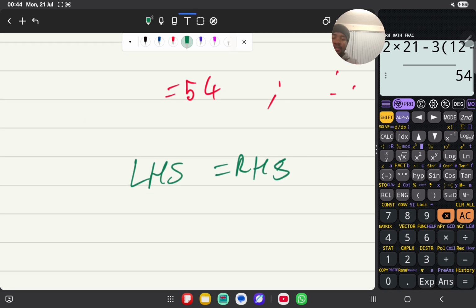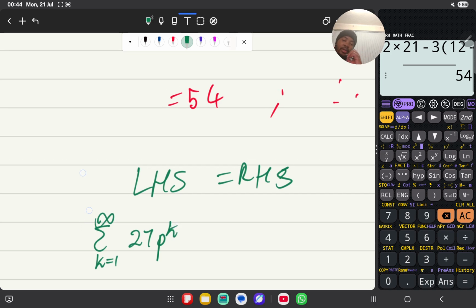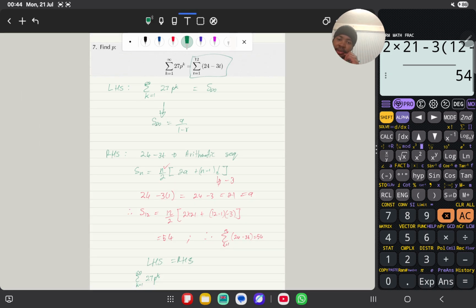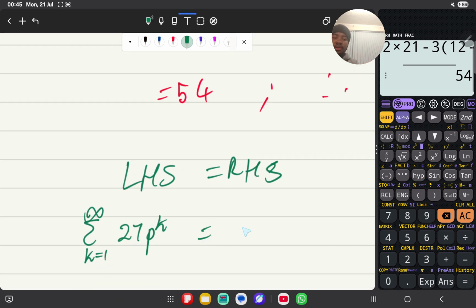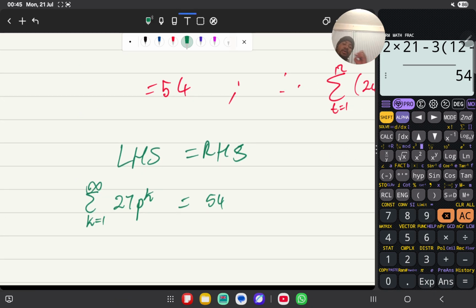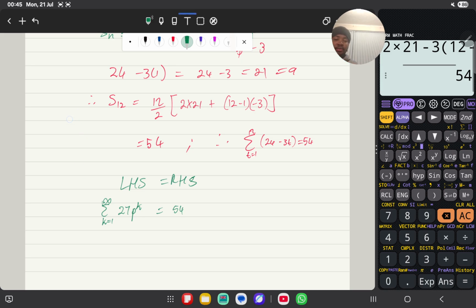The left hand side, remember, you have the sum from k equals 1 of 27p to the power of k, which equals 54.